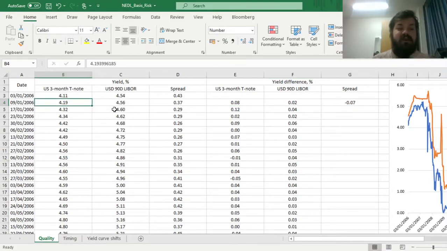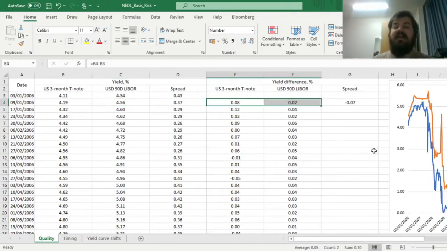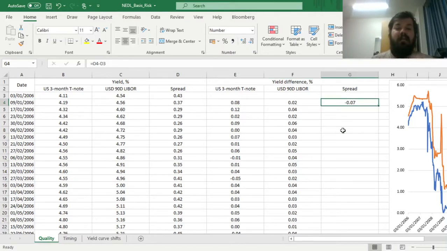The yield on the Treasury note increased and the yield of the 90-day LIBOR increased, but not nearly in the same magnitude, with the Treasury note yield increasing much more than the LIBOR rate, bringing the spread down a little bit from 0.43%, 43 basis points, to 37 basis points.